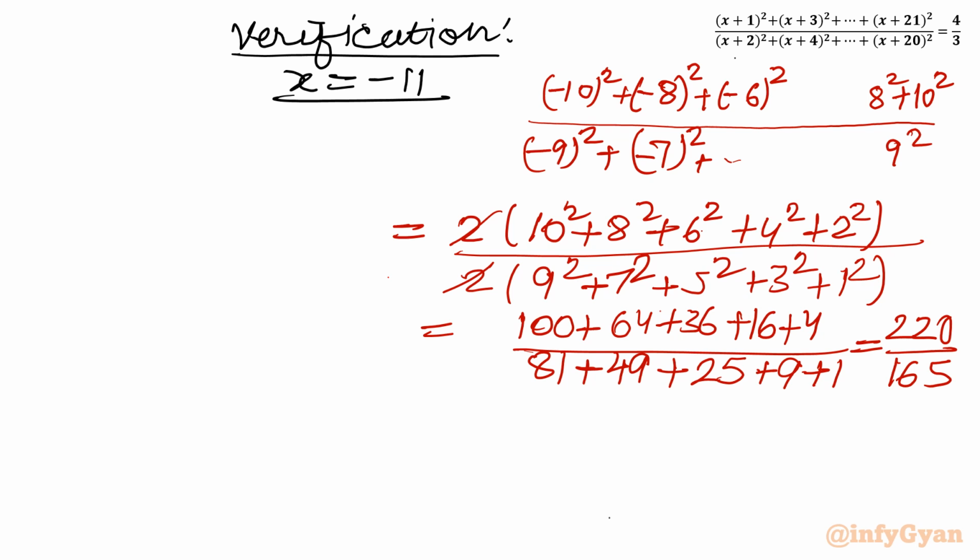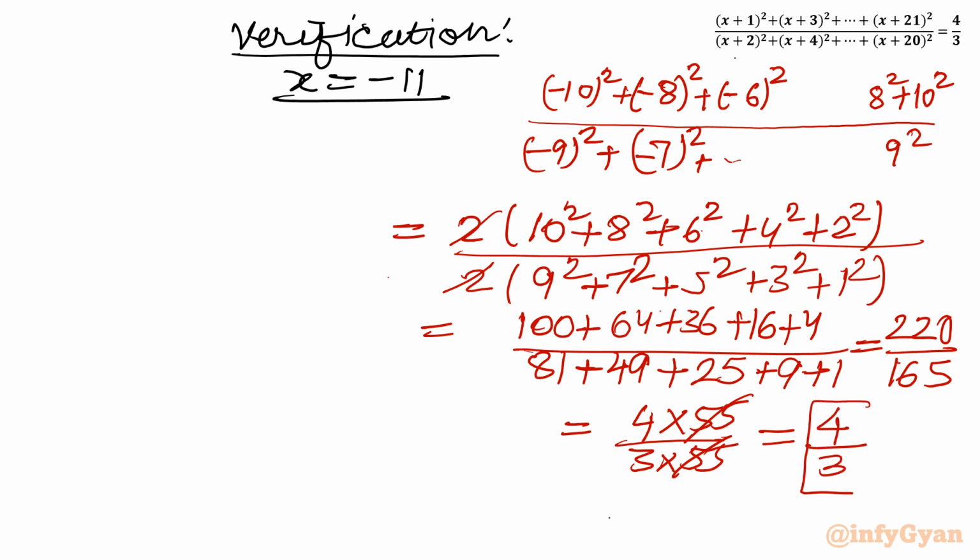Both numbers are divisible by 55, so we can write it as 4 times 55 over 3 times 55. You can cancel these two. The final number would be 4/3, which is ultimately our RHS. So hence this value is true.